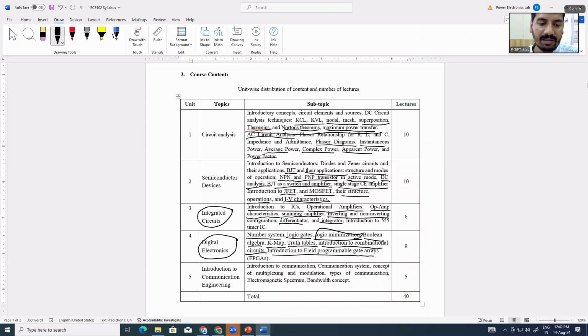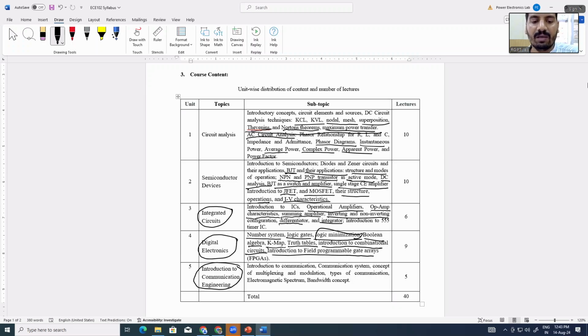Then the last unit is introduction to communication engineering. Ultimately your branch is electronics engineering, and it is directly or indirectly related to the branch of electronics and communication engineering. You have to study all types of communication subjects throughout your 4-year program.